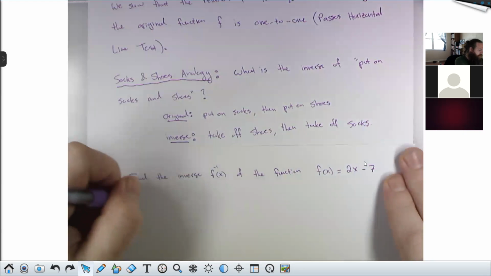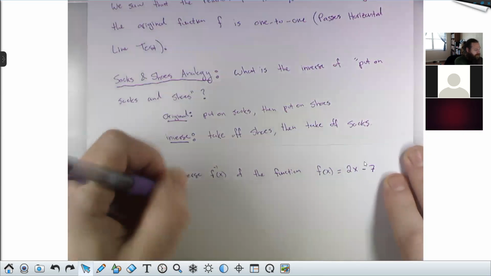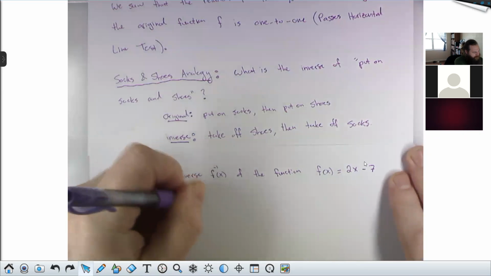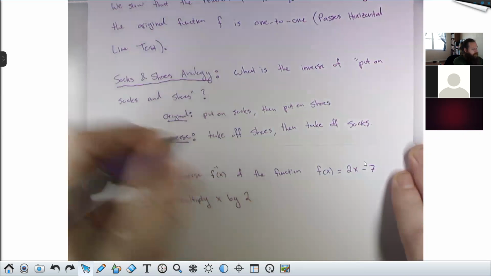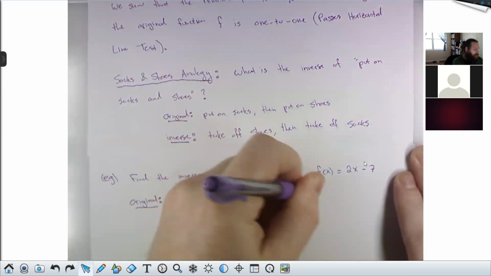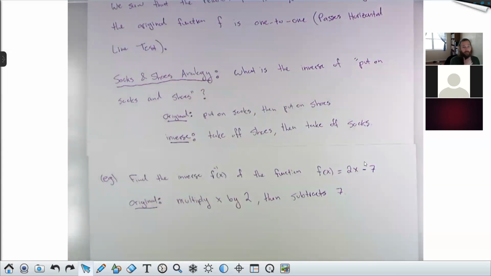The original takes x and multiplies by 2, then subtracts 7. So thinking in this way, put on socks, put on shoes, would have an inverse: take off shoes, take off socks.